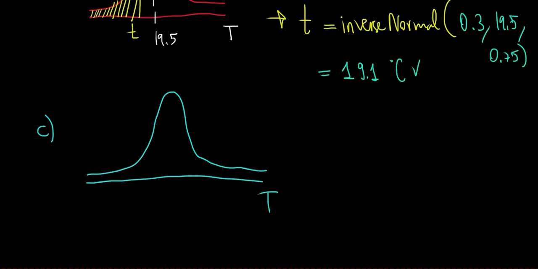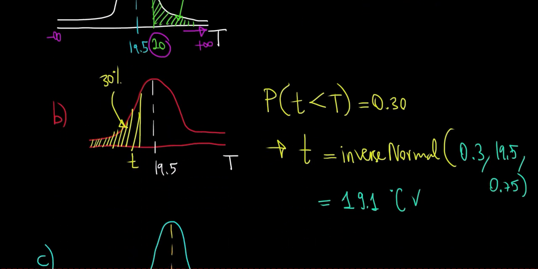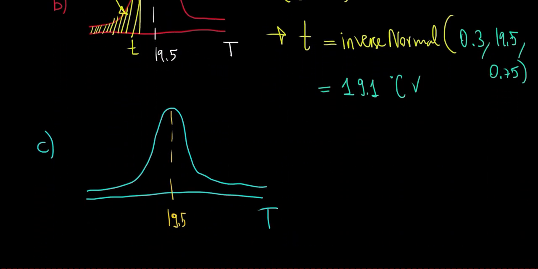It really helps. So here's our distribution of our temperature. We have the average of 19.5 over here, and we want the upper limit to be 21. So we know that 21 degrees Celsius is here somewhere, roughly speaking.